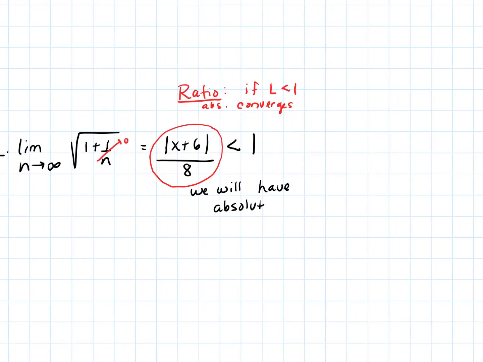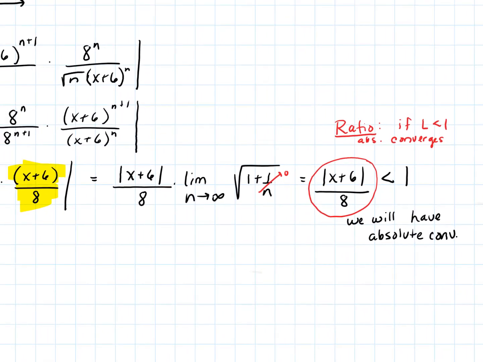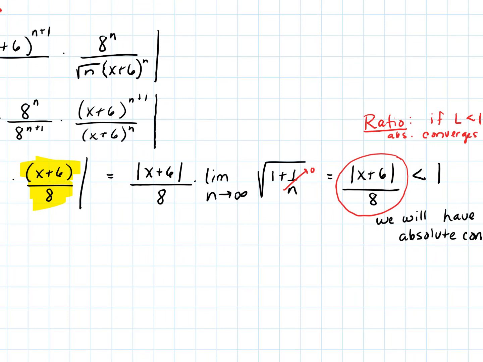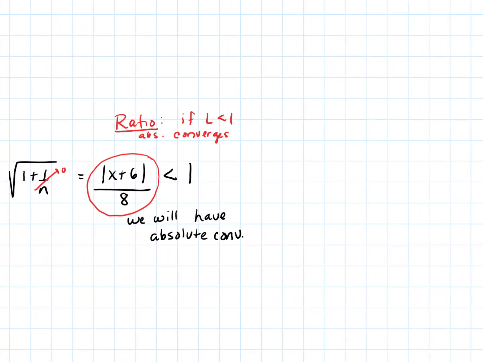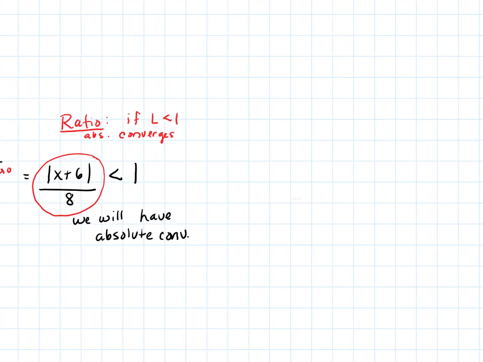So we will have absolute convergence when the absolute value of x plus 6 over 8 is less than 1. That's what we're going to work with to come up with our interval of convergence and our radius of convergence. So I'm going to bring that up here to the top so I have a little more space. And I'm going to say, okay, so the absolute value of x plus 6, so this series will converge.